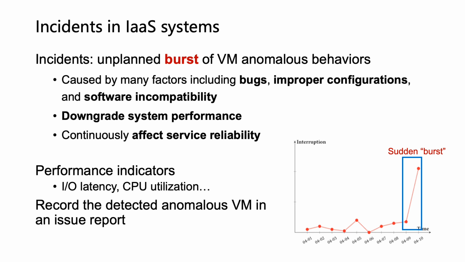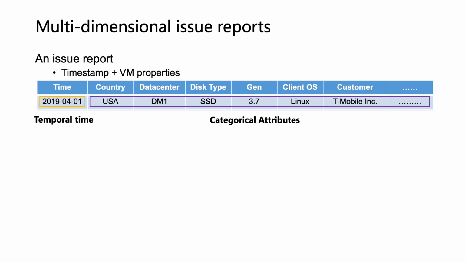In current practice, cloud systems like Microsoft Azure typically monitor performance indicators such as I/O latency and CPU utilization of VMs. When the monitored indicators exhibit anomalous values, the related information about the anomalous VM is recorded in an issue report. Here is an example.